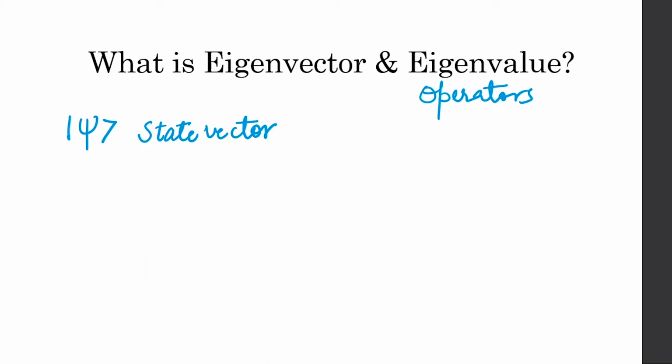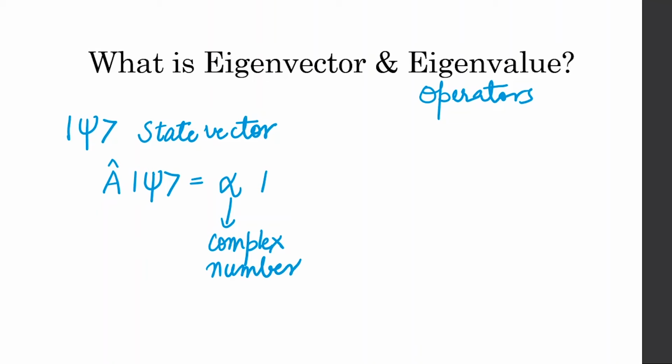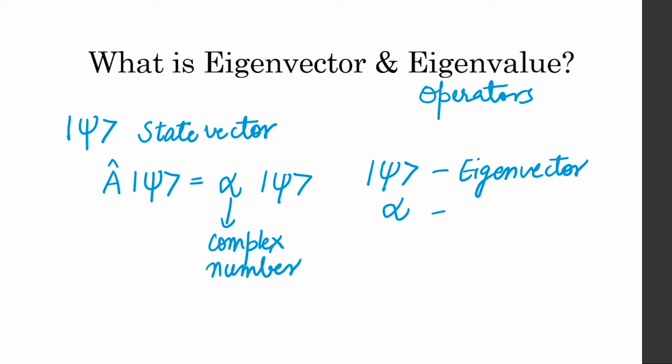If we operate operator A on this state vector and it gives us alpha times psi, where alpha is a complex number, then such a state is known as eigenvector, and alpha is the eigenvalue for such an operator.